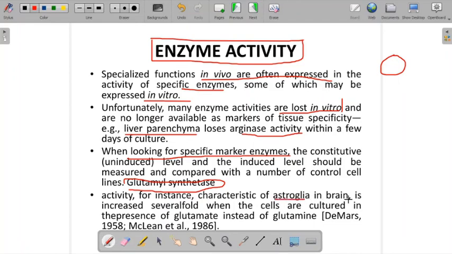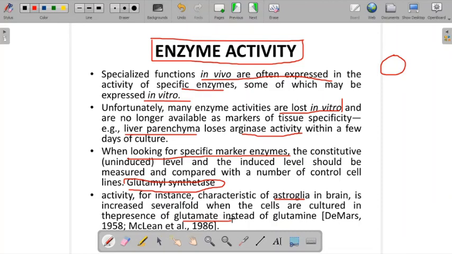The astroglia in the brain is increased several fold when the cells are cultured in the presence of glutamate instead of glutamine, right? Because one amino acid is changing, it gives several fold changes. The experiment was done in 1958 and 1986, and it has been reviewed by Maclean.